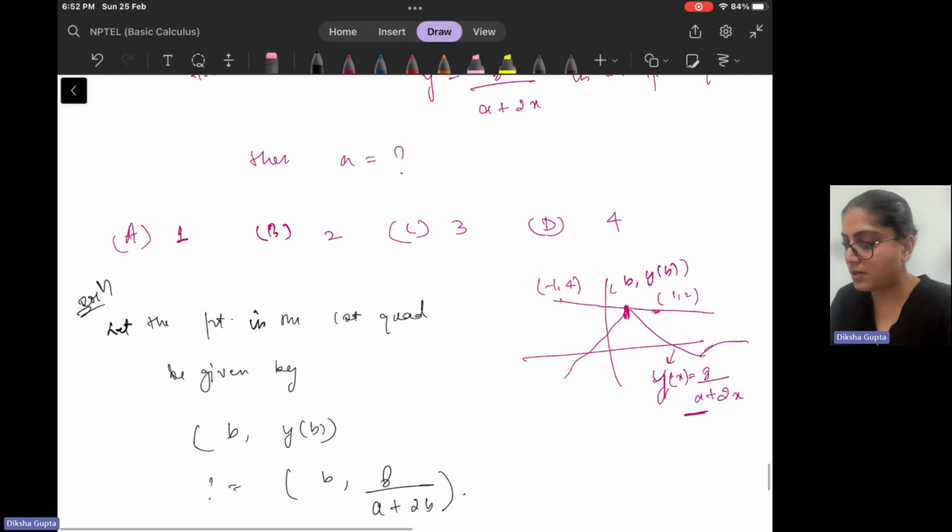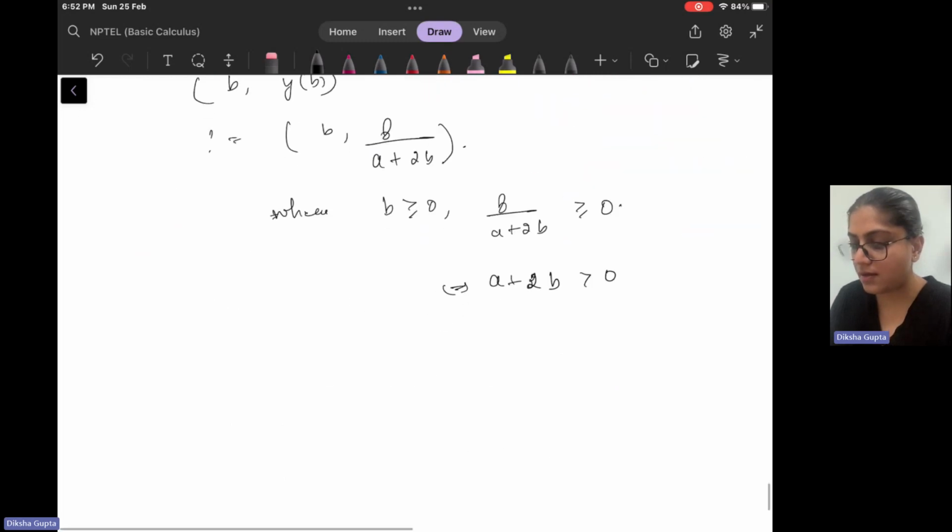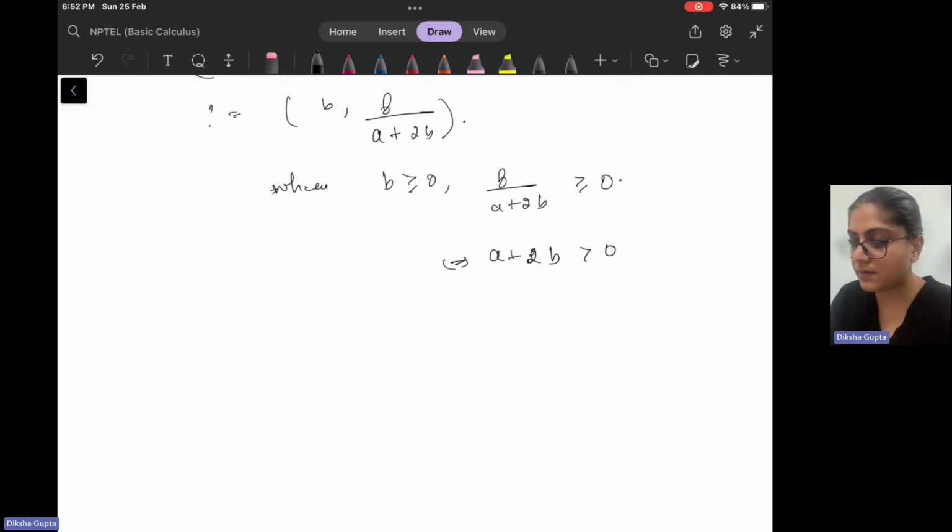Now we want the slope of the tangent to this curve at the point (b, y(b)) to be equal to the slope of this line. So we have two conditions: the slope of the tangent to the curve and the slope of the line through the 2 points.